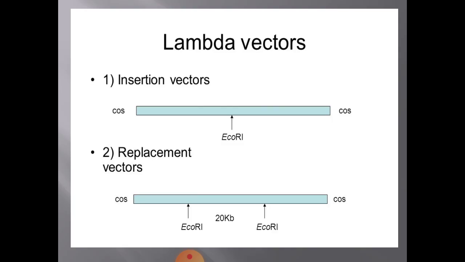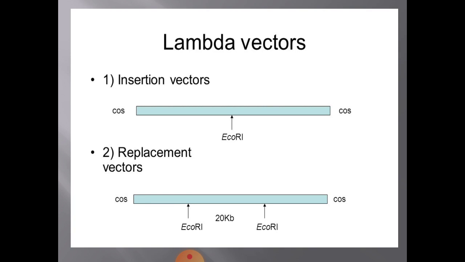What is done is, this linear DNA molecule is given EcoR1, a cut is made, and the DNA of your choice is inserted in this region. How exactly it is done, the diagrammatic representation I have given in the notes, you can just refer.